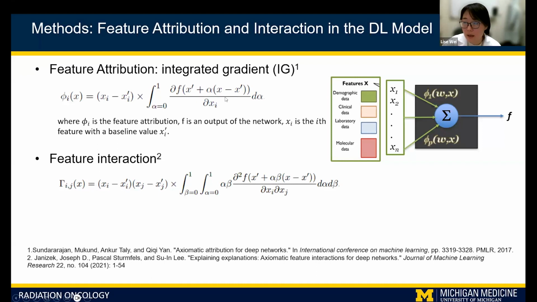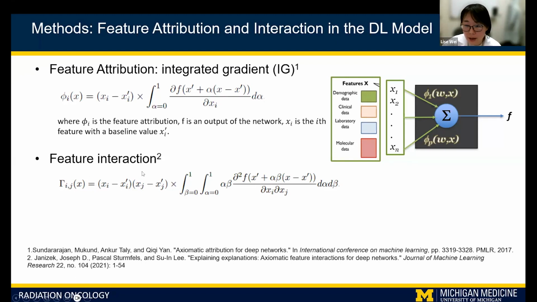And this integral is there because if we just take it at one point, it will not be robust and will have a lot of noise. The integral helps to reduce the noise and get the real signal, to see how much this input feature xi contributes to the outcome. This is how important the feature is for the prediction.